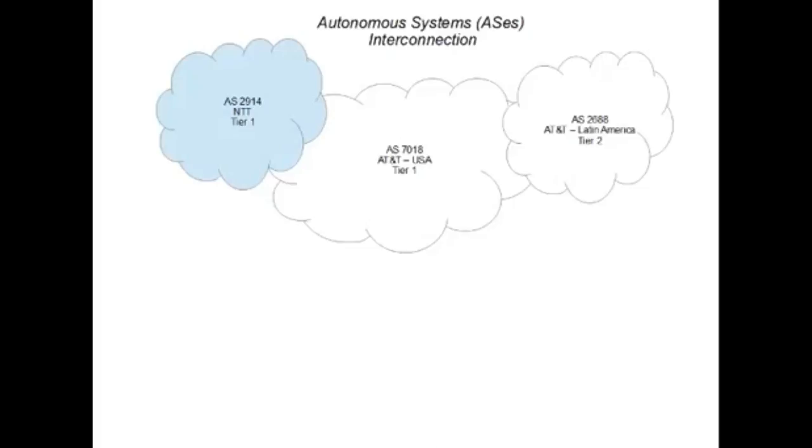The autonomous system number, and we see three of them here, is assigned by the Regional Internet Registry under the rules and the pools that are set by IANA. There are both public and private autonomous systems, just as there are public and private IP addresses.